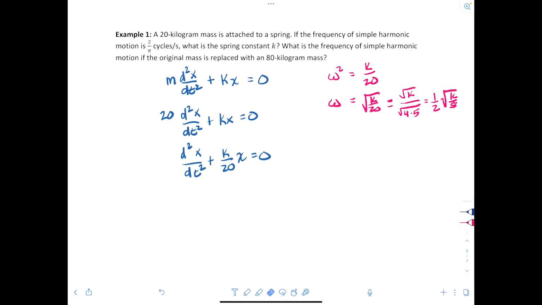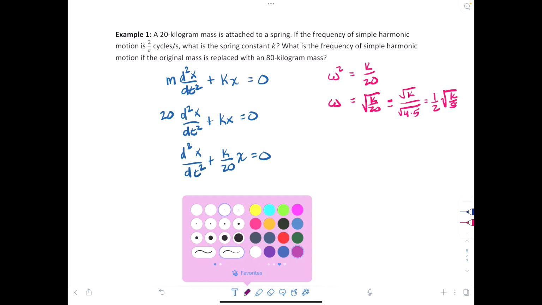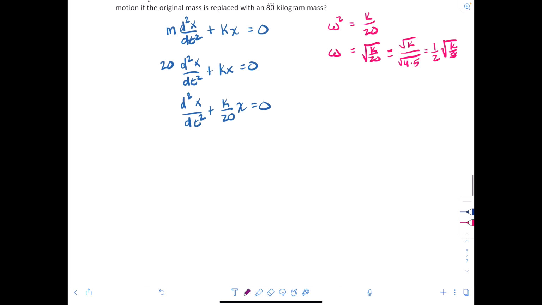So let's see what else we need, right? We know that the format of our result, remember, is x at t equals c1 times cosine omega t plus c2 times sine omega t. We solved it up there. So what do we know? Well, we know omega, right? Beautiful.